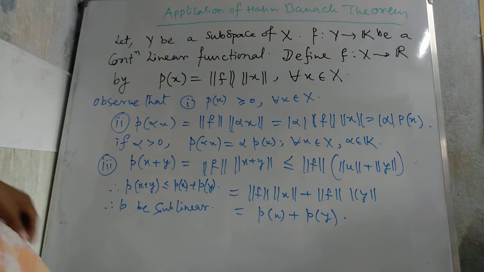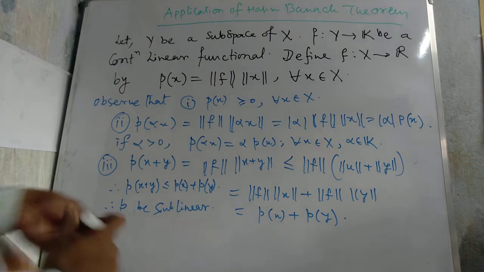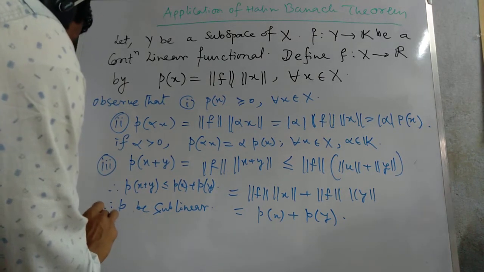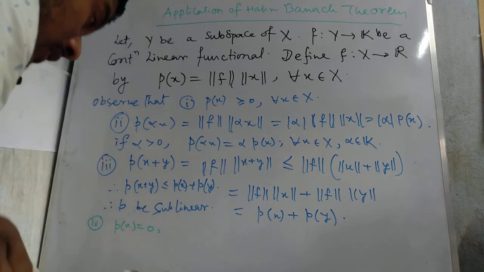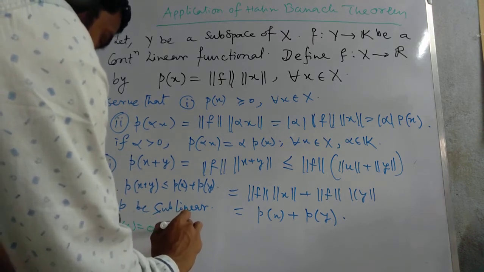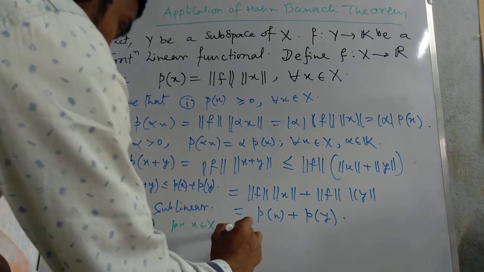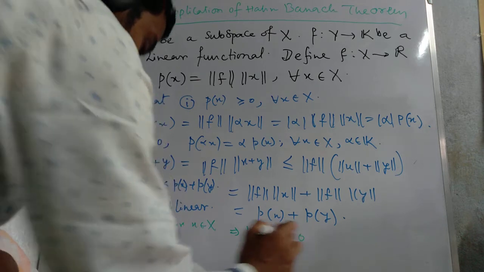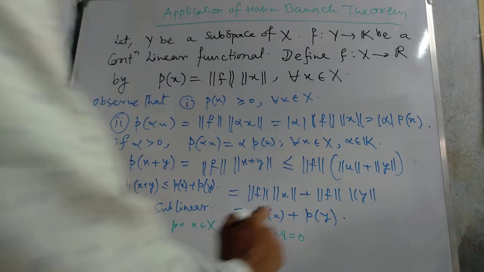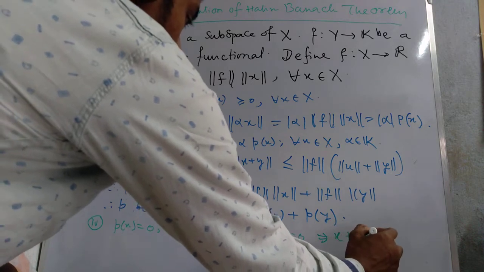Obviously we check another property of p. If p(x) equal to 0 for x belonging to X, then this implies norm of f times norm of x equal to 0, which implies that x may not always be 0.